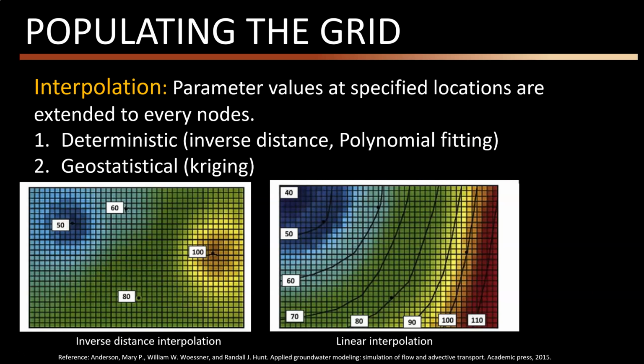As you can see here, there are two interpolation techniques. Usually we can divide them into two groups: deterministic and geostatistical approaches. For example, inverse distance and polynomial fitting are deterministic approaches, and the geostatistical Kriging approach is very common, and we usually use this system to interpolate the information.